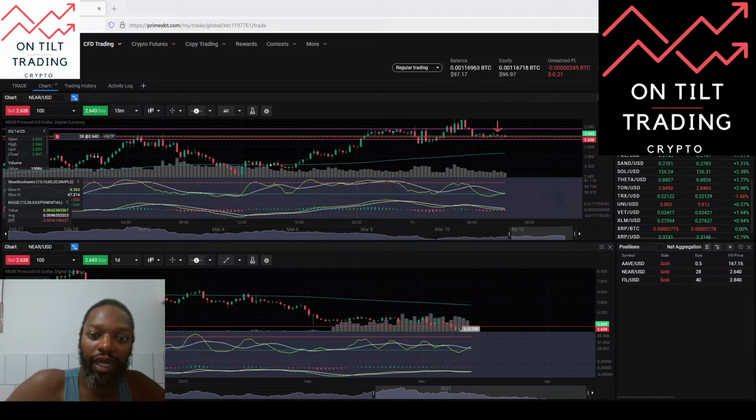Also we have the MACD trading below the average, sellers in control, and we can see that this volume produces very large candles here, some indecision dojis here, and then we can see the price action, buyers pushing the price up into R3. This is R4 here, and this is R3 here.